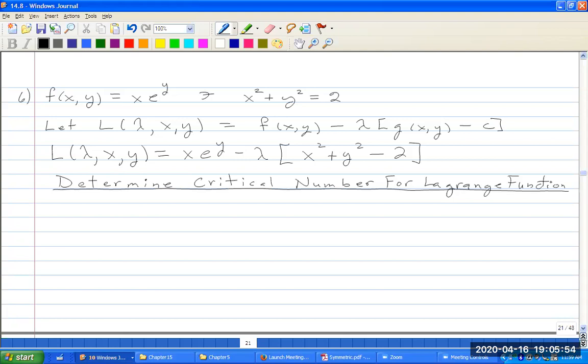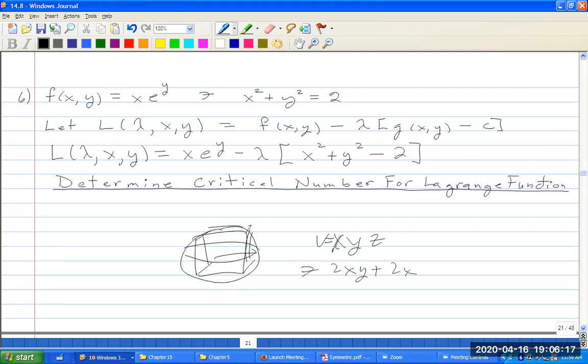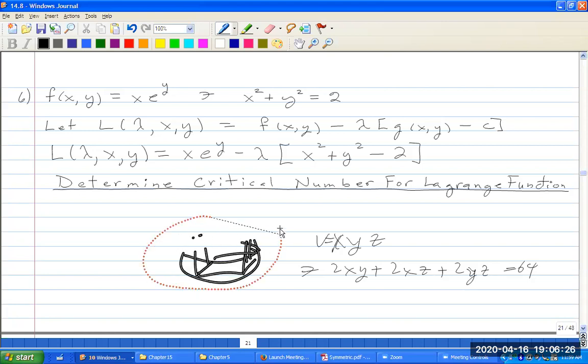I think we had a sphere and a rectangular parallelepiped, so we had some optimization function, subject to some constraint equation.